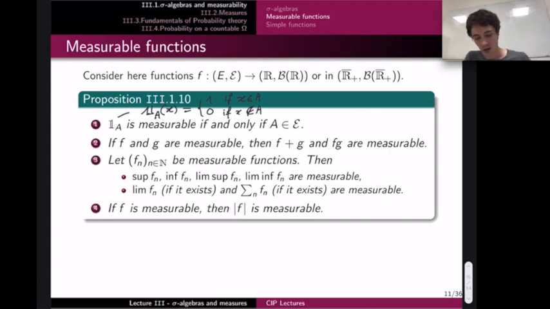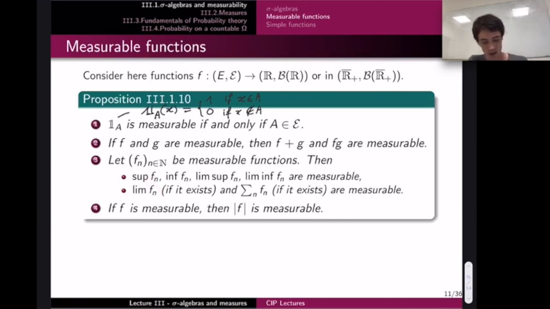That's why in particular I need to work in R, because I will consider sum and product. And also if I take a sequence of measurable functions, then their supremum, their infimum, their lim sup, and their lim inf are measurable.